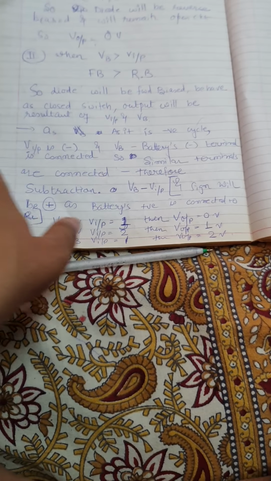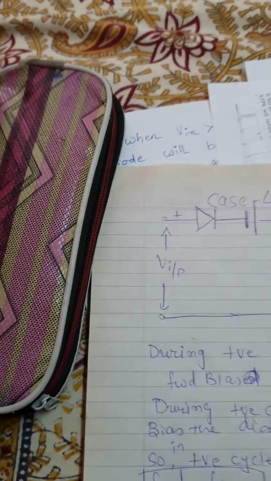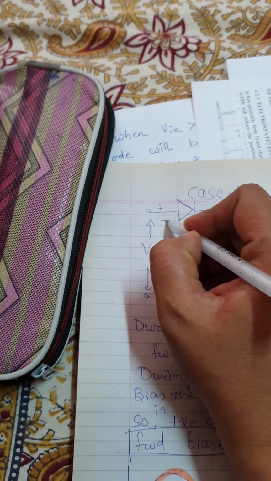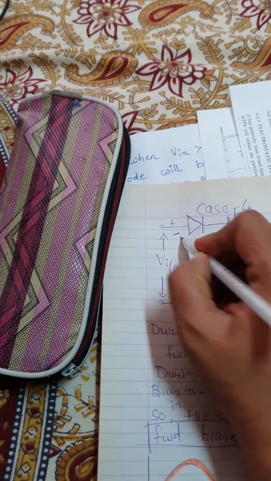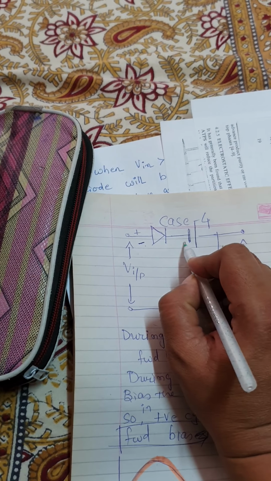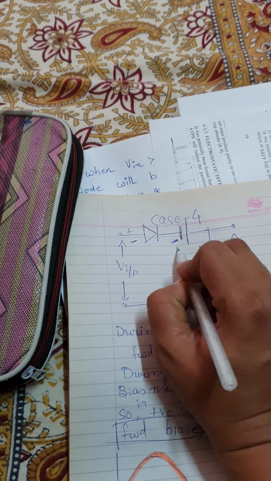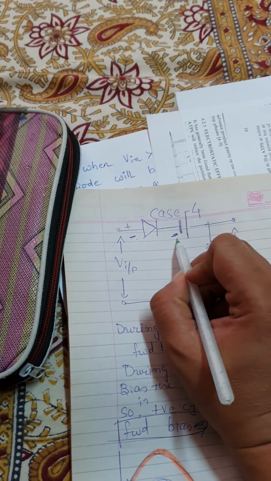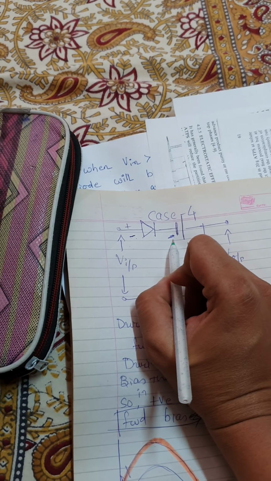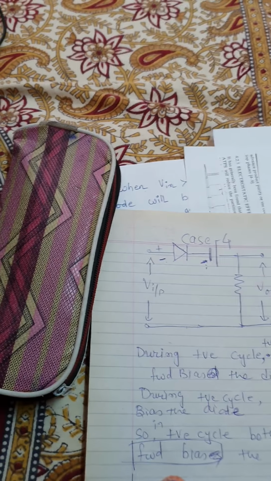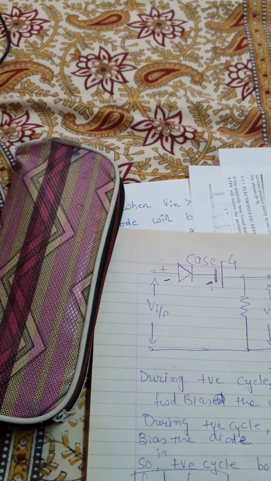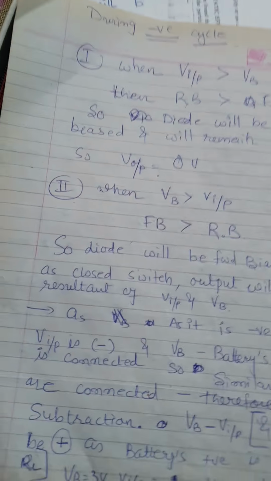Because this is the negative cycle, let's calculate the polarity. We are talking about the negative cycle, hence this supply is negative and is connected with the negative terminal of the battery. Two similar terminals are connected. So for finding the resultant, similar will result in subtraction. Now let's see how it happens.